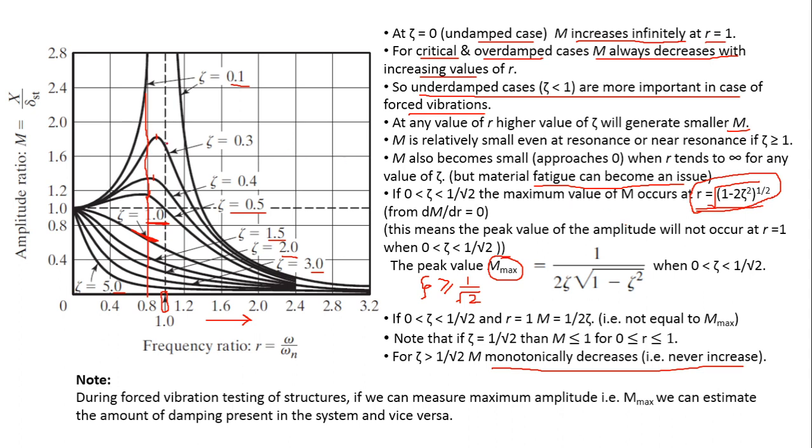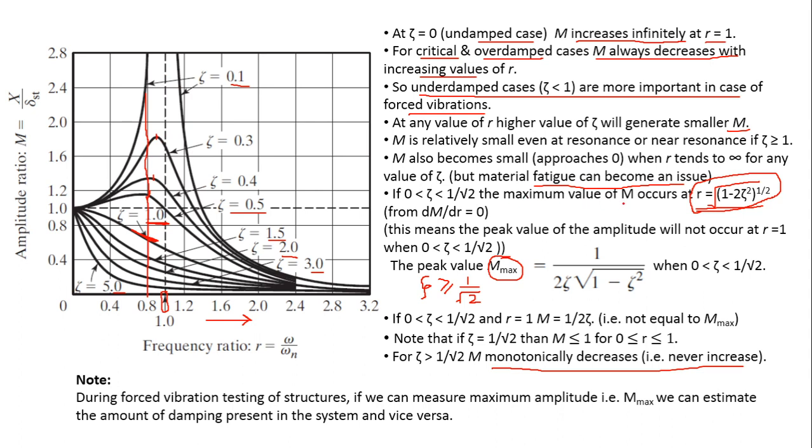And this is very clearly evident here, because this dotted line represents r equals 1, and you can see that the peaks are shown before this dotted line.